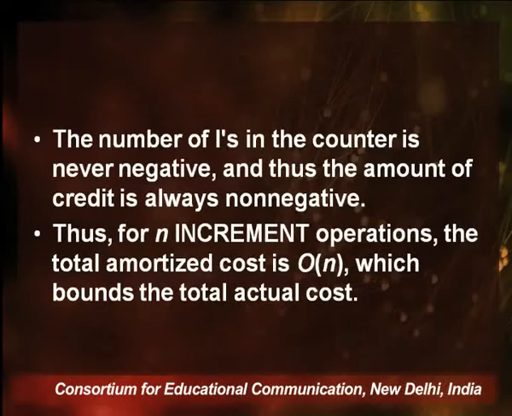So the total credit is also non-negative, and for n increment operations the total amortized cost will be order n, which bounds the total actual cost also, and this is what we had targeted: the total amortized cost should bound the total actual cost too. This was the aim when we started amortized analysis.